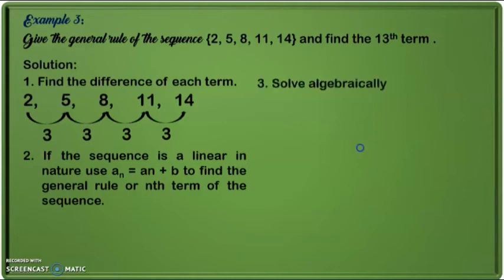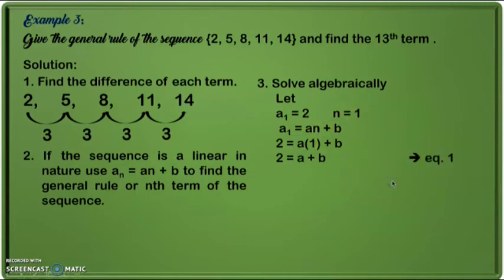Then solve algebraically. Let a sub 1 is equal to 2 and n is equal to 1, since in the given sequence 2 is the first term, so therefore n is equal to 1. Plug in, that is a sub 1 equals a times n plus b. So a sub 1 is 2 and n is equal to 1.